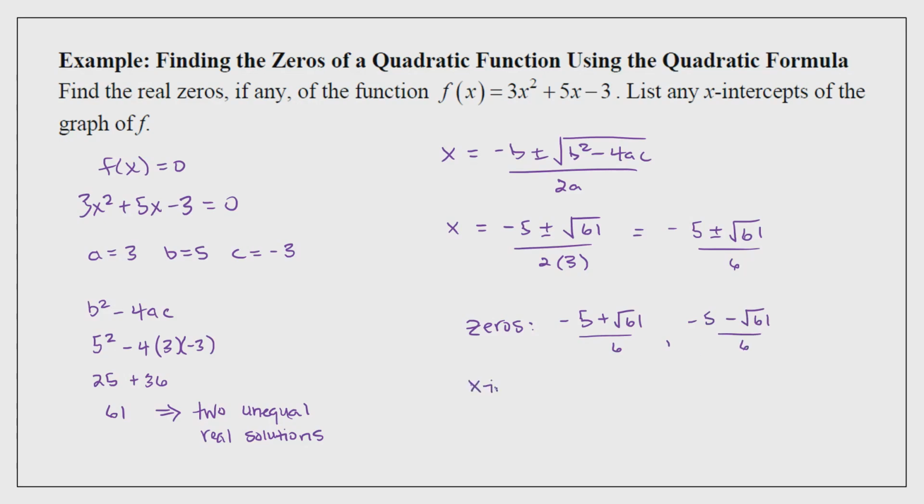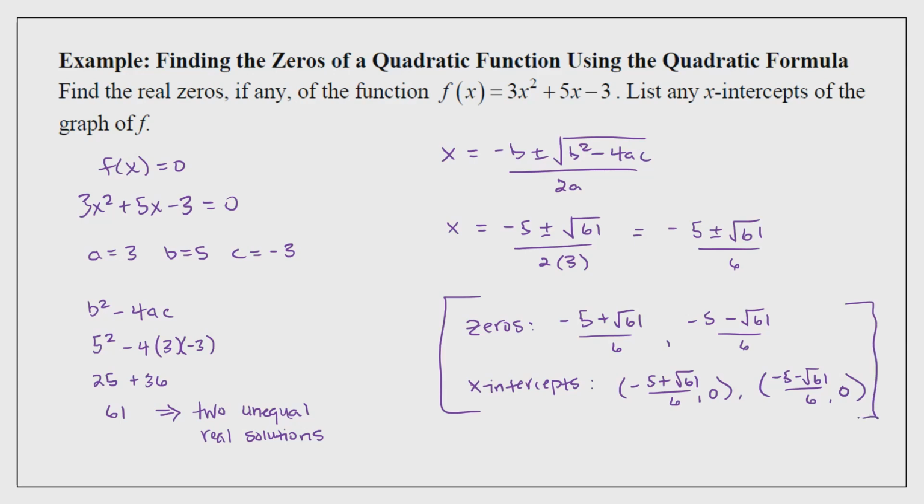And our x-intercepts will be the points negative 5 plus the square root of 61 over 6, comma 0, and negative 5 minus the square root of 61 over 6, comma 0. All right.